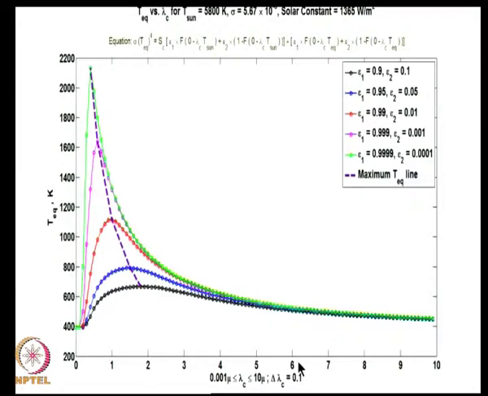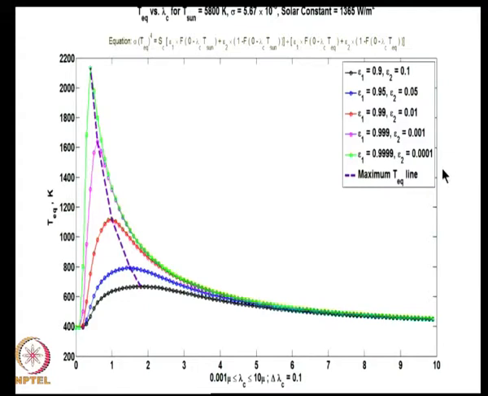I have taken various cases, one in which the emissivity is 0.9 in the solar region and 0.1 in the infrared region, and I have gradually increased this value to close to 1 and this one very close to 0.